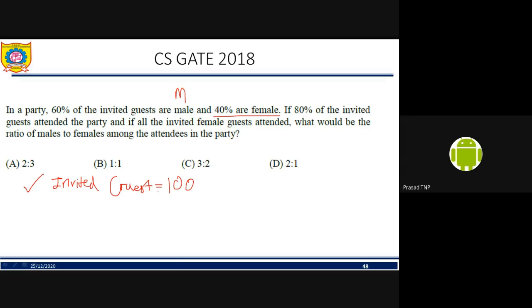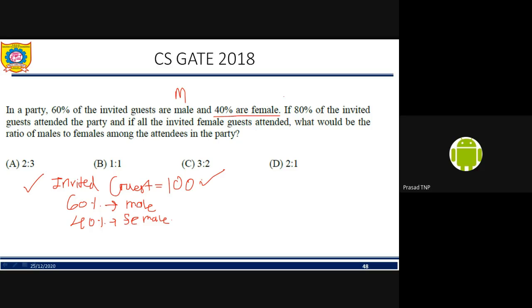So invited guests are 100, and in that invited group there are 60% male members. So 60% are male, 40% are female. These are invited. So these many are invited guests.